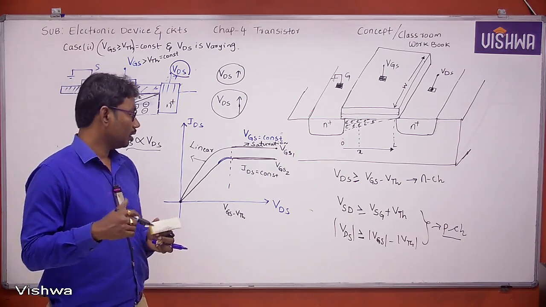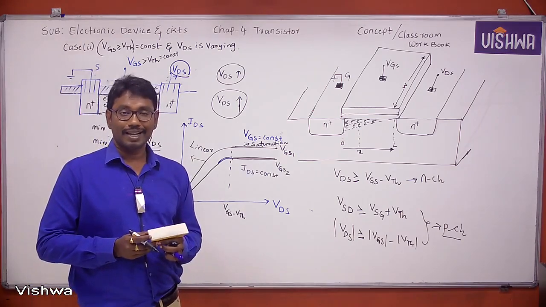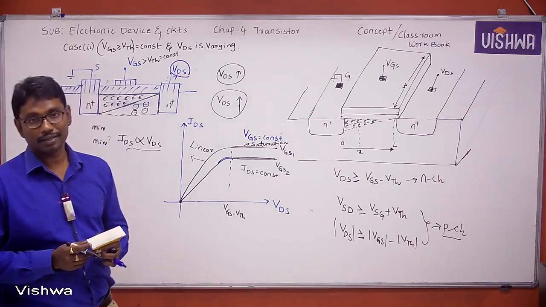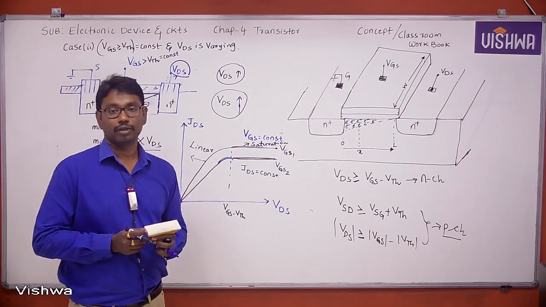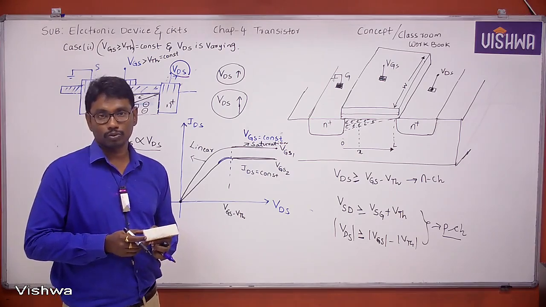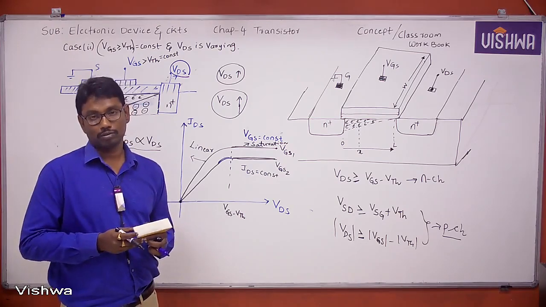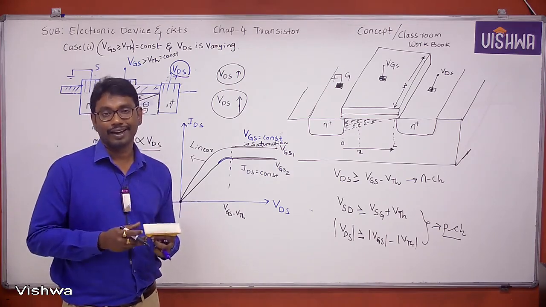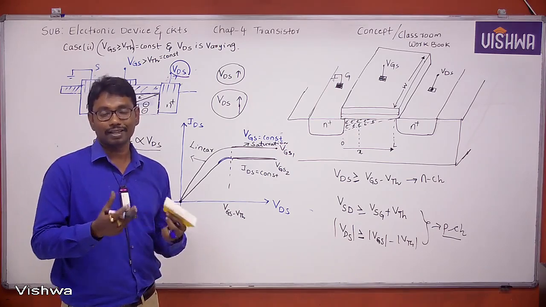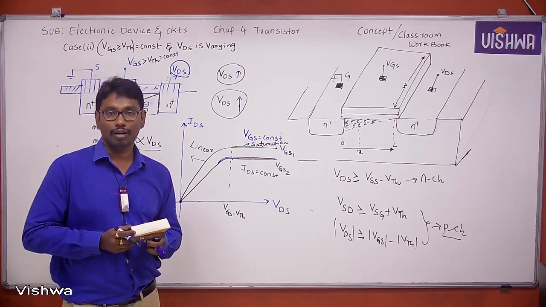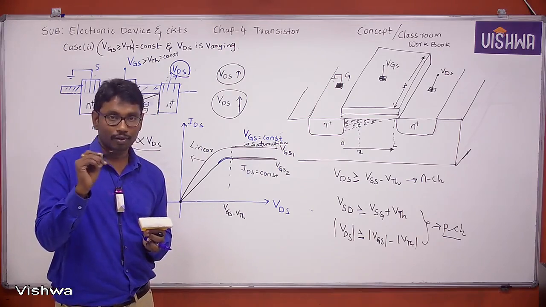Next one, in the saturation region, the MOSFET acts as a constant current source with respect to VGS. Therefore, it is called a voltage control current source. Underline voltage control current source.